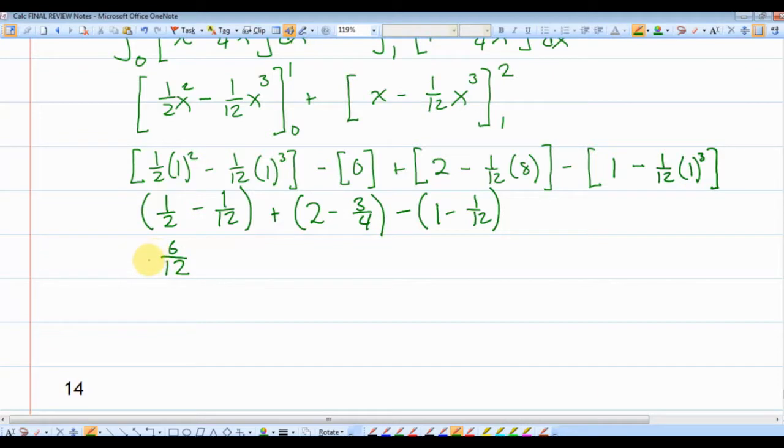Wait, this is a calculator question. I can't do this anymore. Can we just keep going? Yeah. Couple more to go.